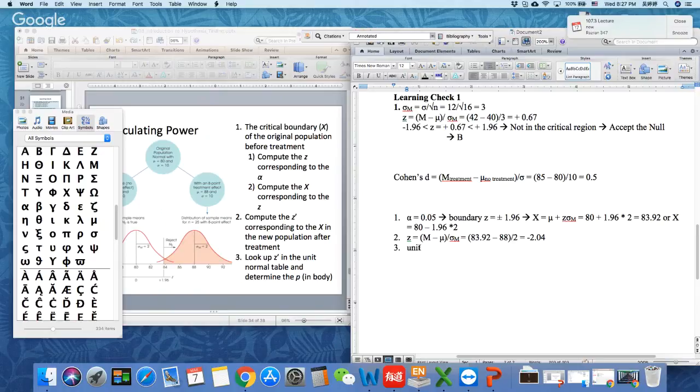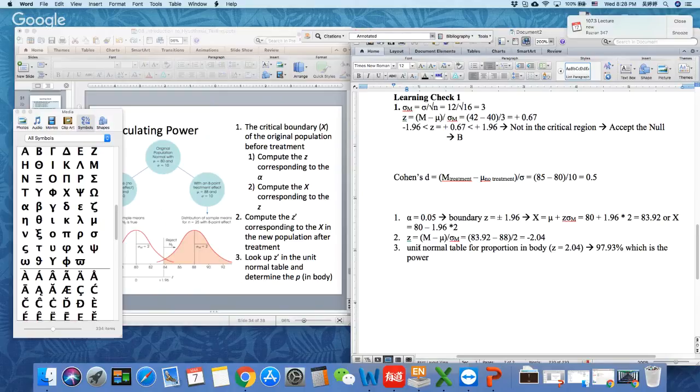So we search the unit normal table for the proportion in body, z equals 3.004, which is the power.